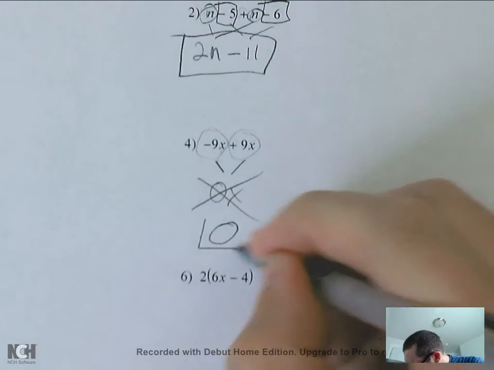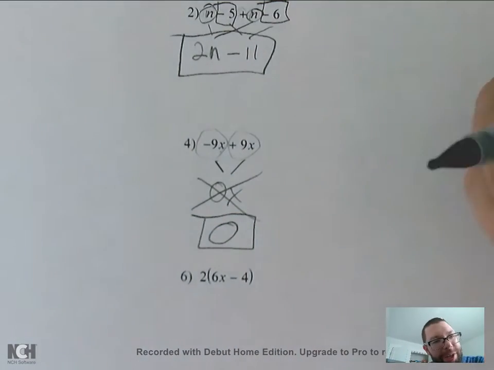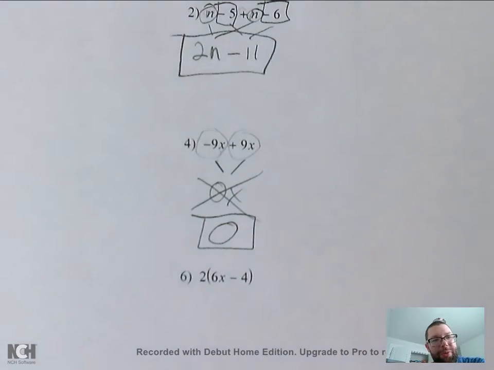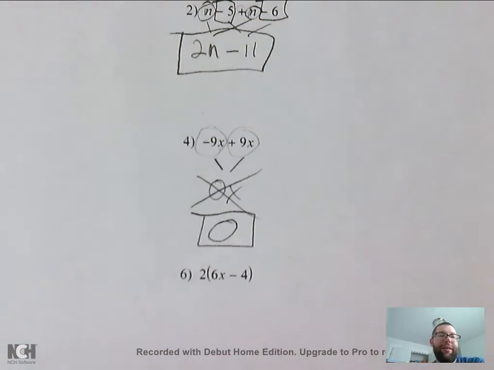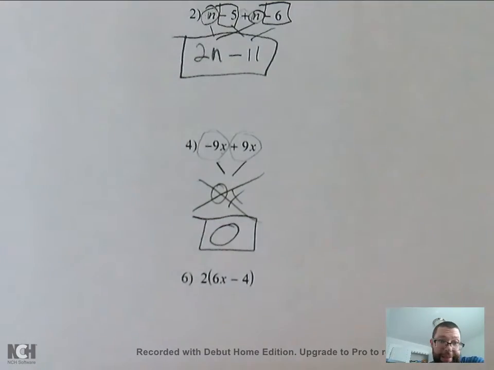So if you ever have a 0 as your coefficient, and the coefficient is the number in front of the variable, then that will be just a 0. That term goes away. It's gone, right? 0 times a million is 0. 0 times a quadrillion, 0.